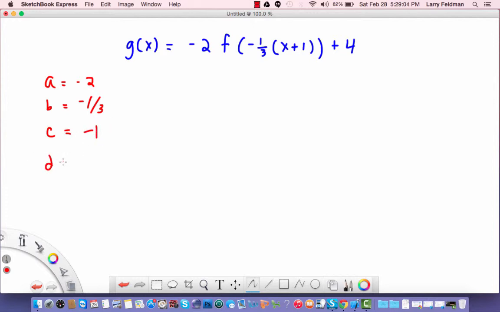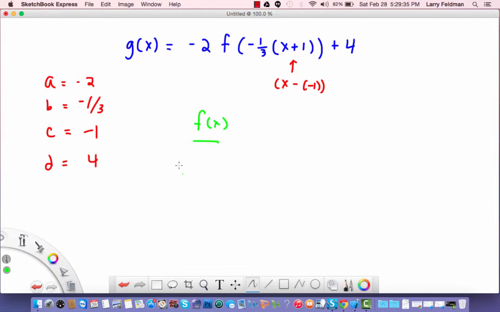And d is +4. c is -1 because this can be written like this, x minus -1. And our discussion on this topic requires a negative sign here in order to talk about it consistently. So c is -1.